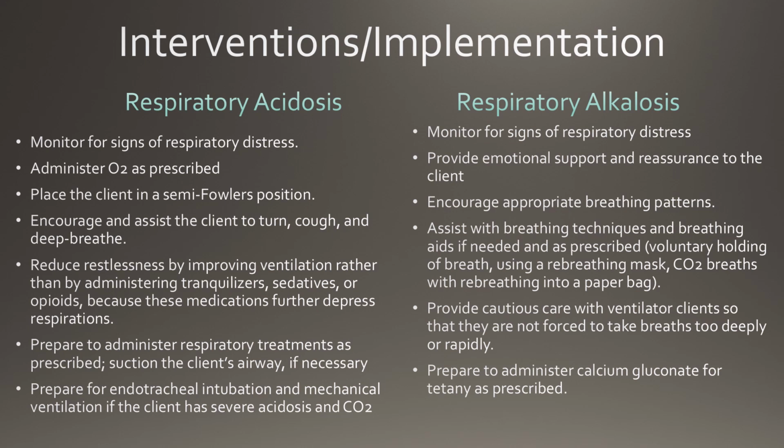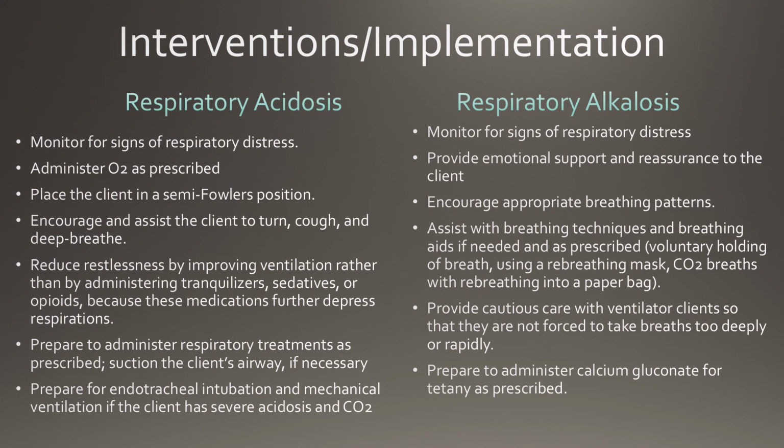Like I said, there are many illnesses and comorbidities that these two can occur in. Once you determine their past medical history and what they might be at risk for, you look at their ABGs. The doctor will order an arterial blood gas. You look at their arterial blood gas results, and you can determine whether they are alkalotic or acidotic just by looking at the pH.